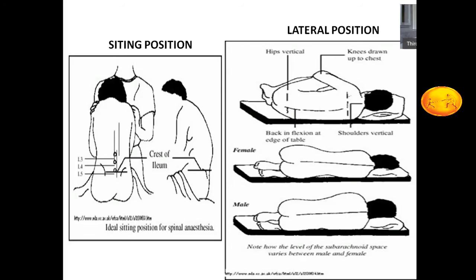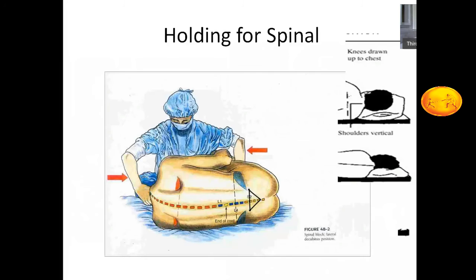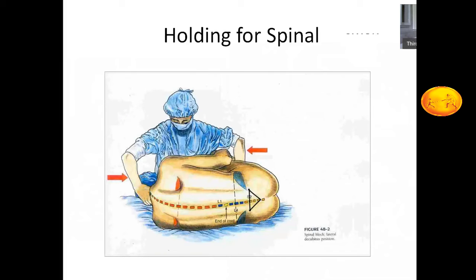For that, you will have to bend the knees, with flexion at the hip joint and flexion at the shoulder joint, and put a small pillow below the head so that there is a completely straight line of the patient's spinal column, and it is very easy to give the spinal anesthesia. This is how the assistant should hold the patient at the back of the neck and the legs so that you can easily give the spinal anesthesia.